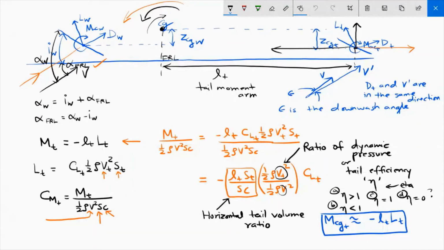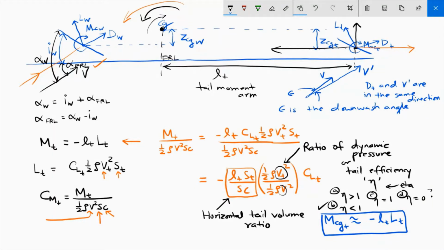It depends on the location of the tail, but if the tail is behind the wing, the tail efficiency is going to be less than 1. The reason is that by the time the airflow reaches the tail, because of the friction with the wing and the other parts in between the wing and the tail, the air has slightly decelerated. So this Vt will be less than V. Because of that, the tail efficiency will be less than 1.